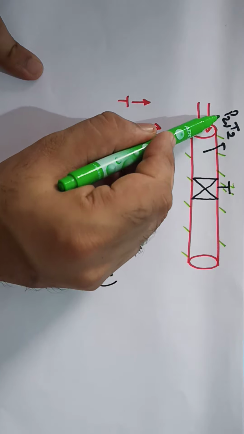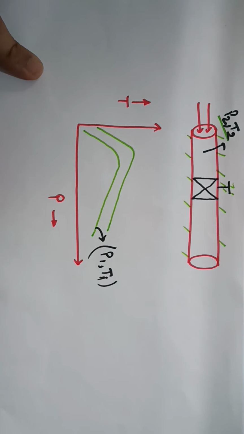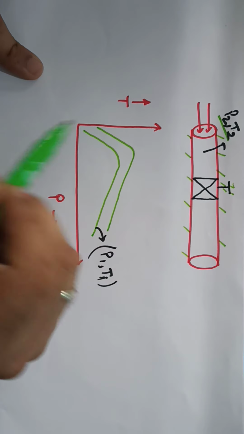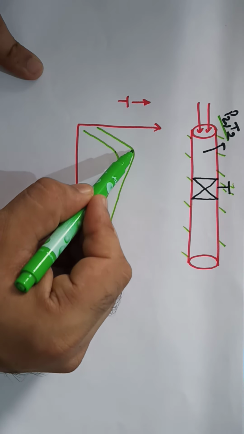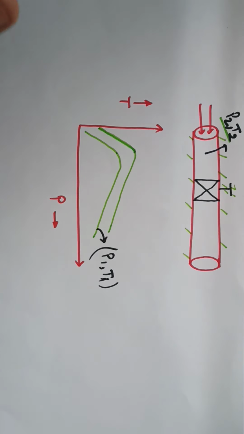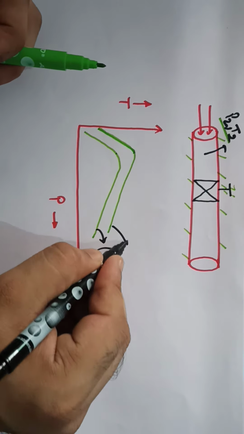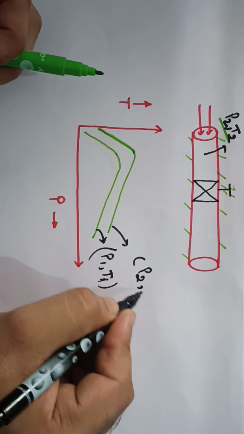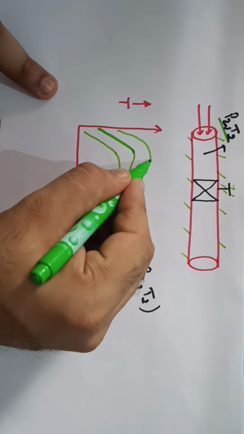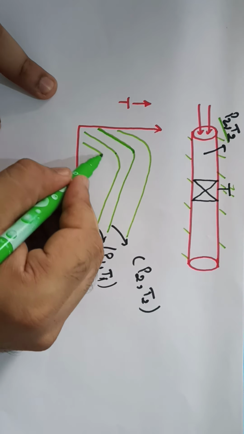But because the inlet conditions are different, the enthalpy of this curve will be different, so it can't superimpose on this curve. It will take some other value of enthalpy and plot an isenthalpic curve. So this particular curve is for inlet conditions of P2 and T2. Likewise, if I keep on changing the inlet conditions, we can get a family of these curves, a number of curves.